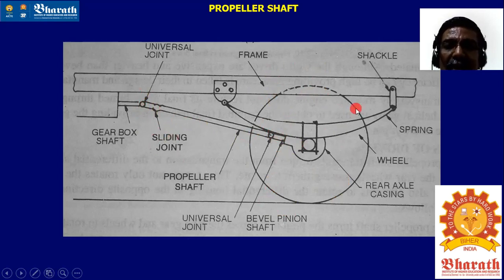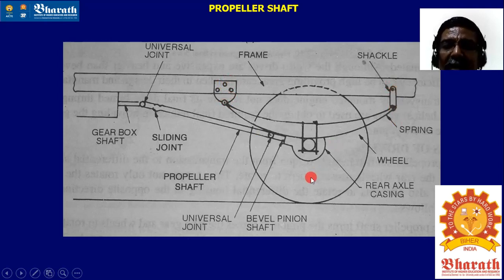That is number one. Number two, you see the leaf spring arrangement. One end of the leaf spring is pinned here. This bracket is rigidly fixed with the chassis frame. The other end is pinned with the help of a shackle, not directly pinned. Why?